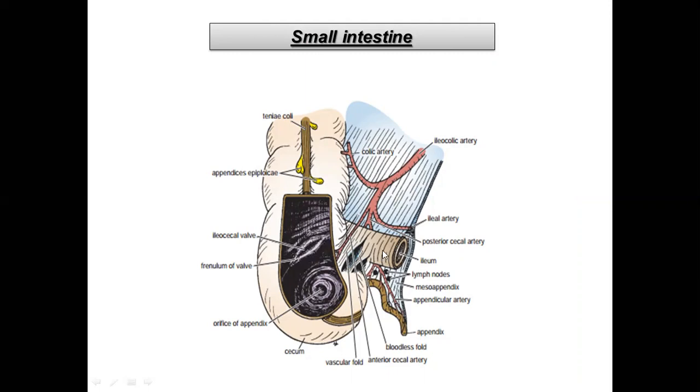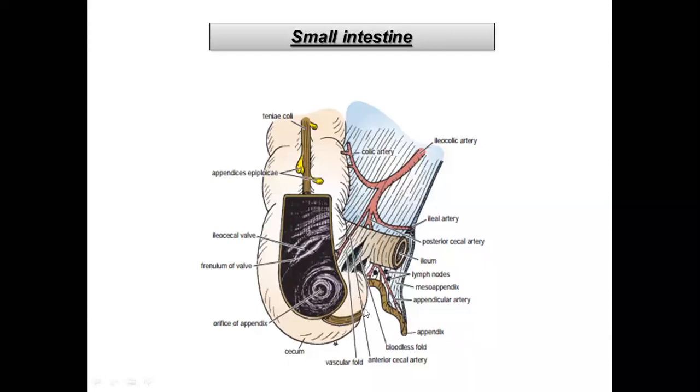This is the ileum, which has been magnified just for the explanation to see where the ileocecal valve is. You can see the tinea coli and the appendices epiploicae present here. And from the cecum, on the posterior medial side, the appendix starts.